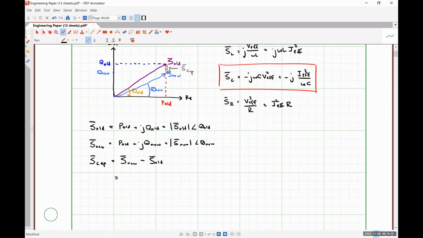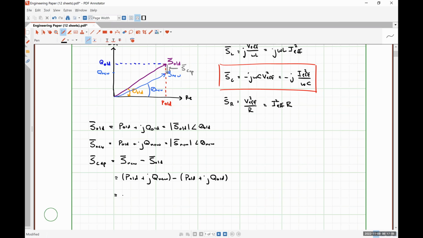So in rectangular form, this is going to look like P old plus JQ new minus P old plus JQ old. And we can see that the real parts completely cancel each other out, which should be expected here because our capacitor is only capable of providing reactive power.